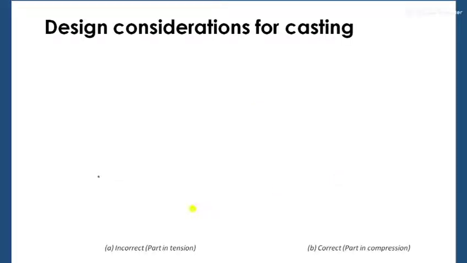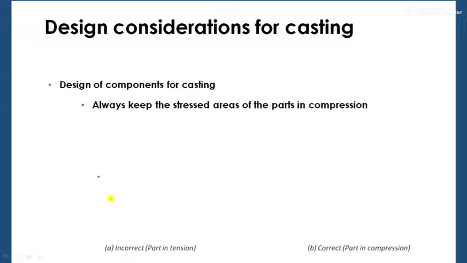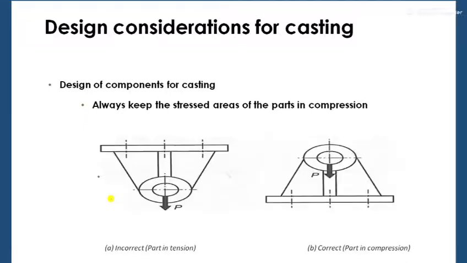Now let us come to the actual point: design of components for casting. The first design consideration for casting is always to keep the stress areas of the part in compression. You can see this is the incorrect figure, because this particular part which is cast is under tension, and this particular part is under compression.